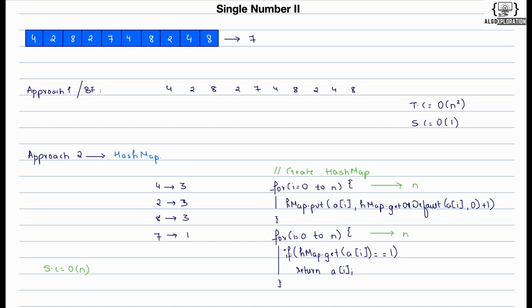So n plus n, which is 2n, boils down to order of n. Now we have optimized the time complexity from order of n square to order of n. But the overhead is now space complexity, which is order of n. We have to optimize this as well.